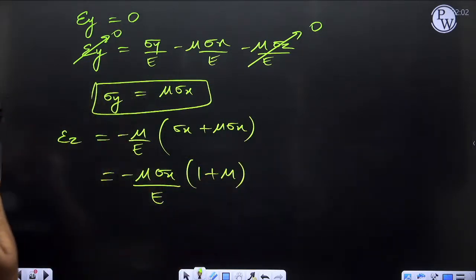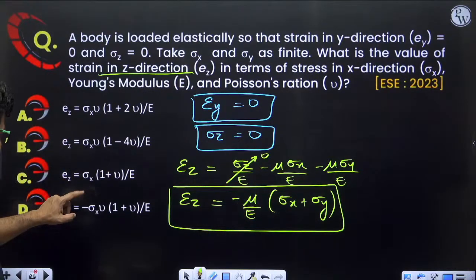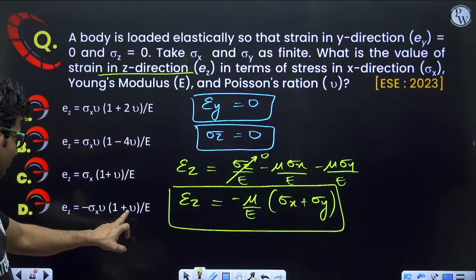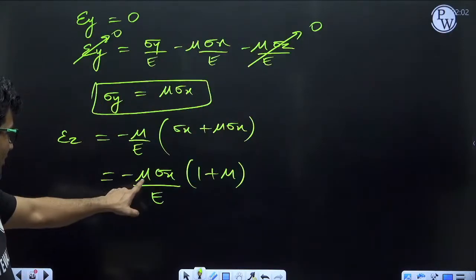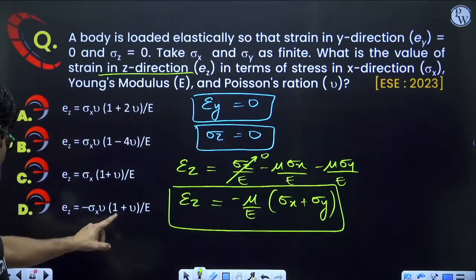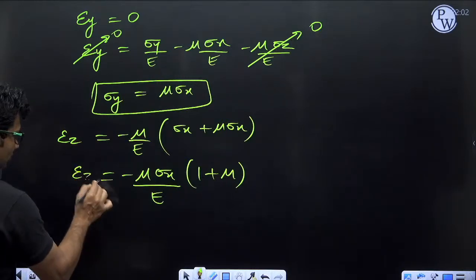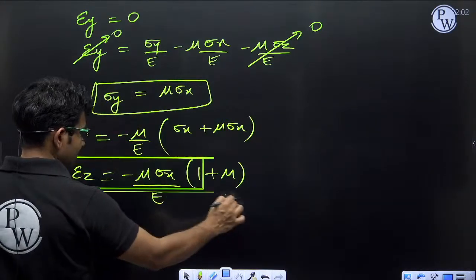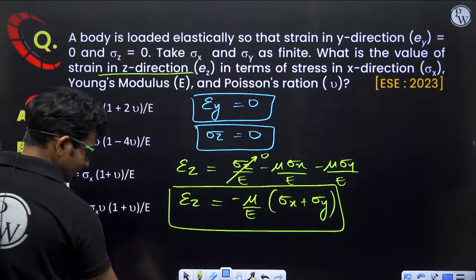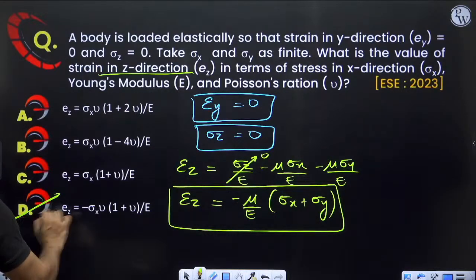So we'll be getting minus sigma x mu into (1 plus mu) by E. So our answer will be option D. Option D will be the correct answer.